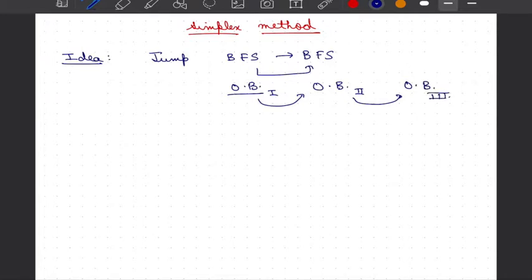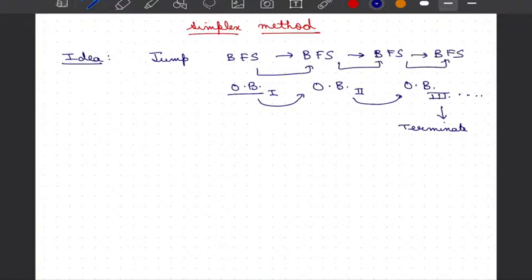And the idea is that as we are continuously improving, if we know a way to terminate, that is, where we should stop, that is always going to be a better solution than the previous ones, because that's the basic intuition behind the simplex method. And another thing is that the way we would be jumping, we would always ensure that our solution is a basic feasible solution.